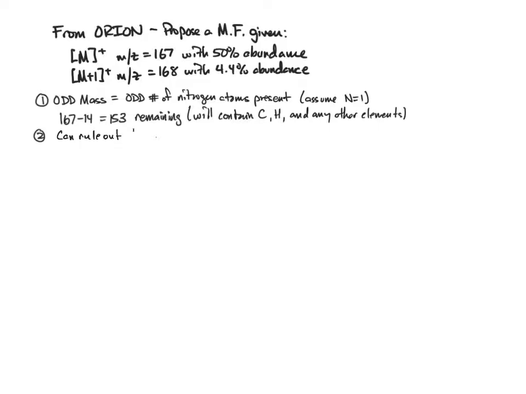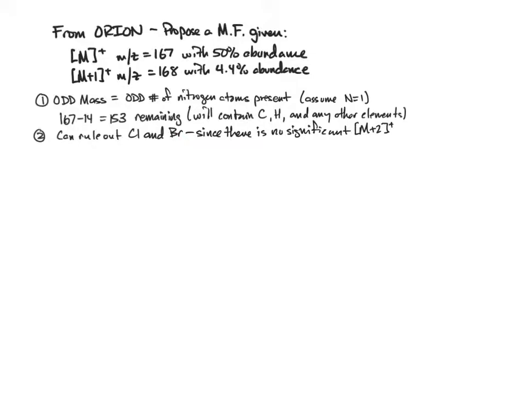So we're going to rule out chlorine and bromine since there is no significant M+2 ion listed. Again, chlorine would have a 3-to-1 ratio of M to M+2. Bromine would have a 1-to-1 ratio of M to M+2.